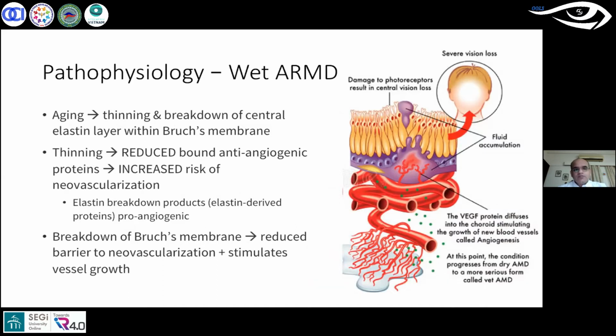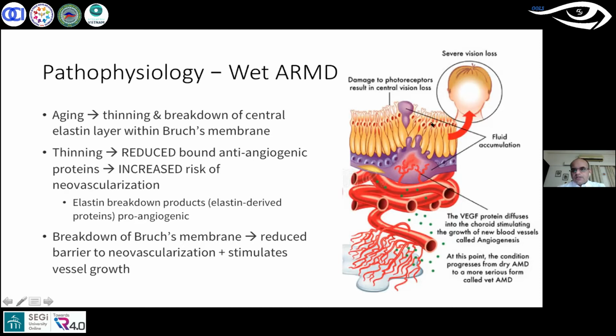So they actually cause more angiogenesis. And the breakdown of the Bruch's membrane also causes a physically reduced barrier to neovascularization. So essentially, there's a physical as well as a functional loss here, which results in new vessel fronds creeping into the space between the Bruch's membrane and the RPE.